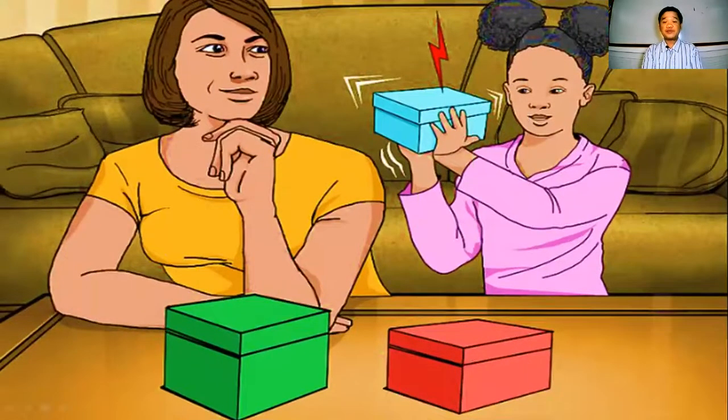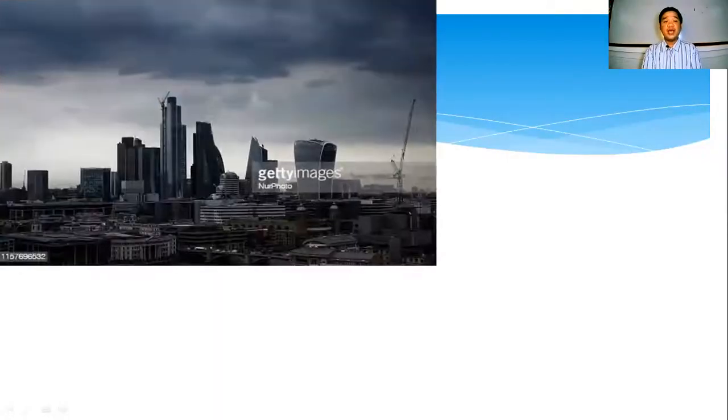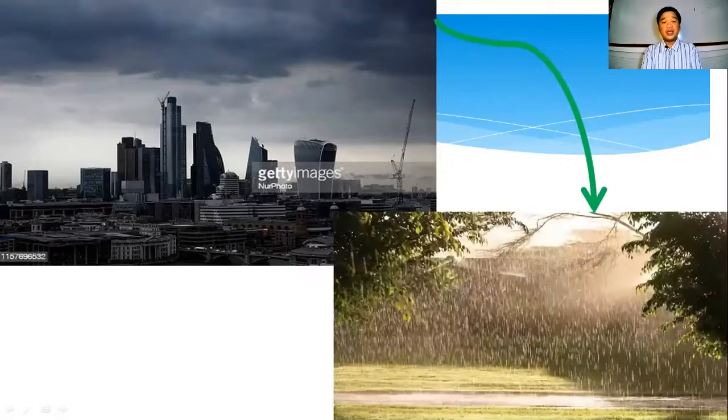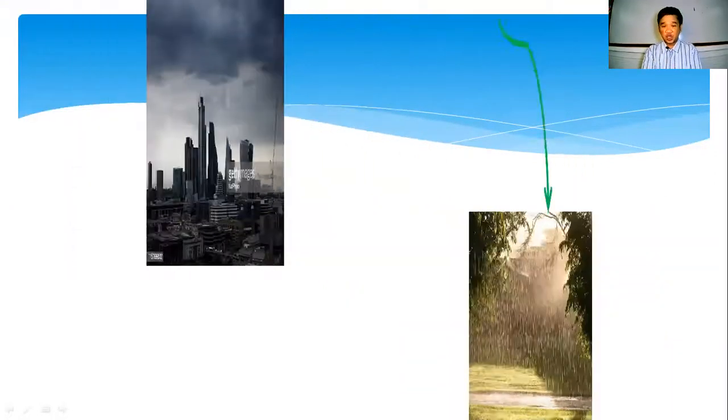And in this picture, you can predict what the object inside the box is. Say, in these photos, the sky is dark, so you predict that in the future it will rain. So that is already a prediction.